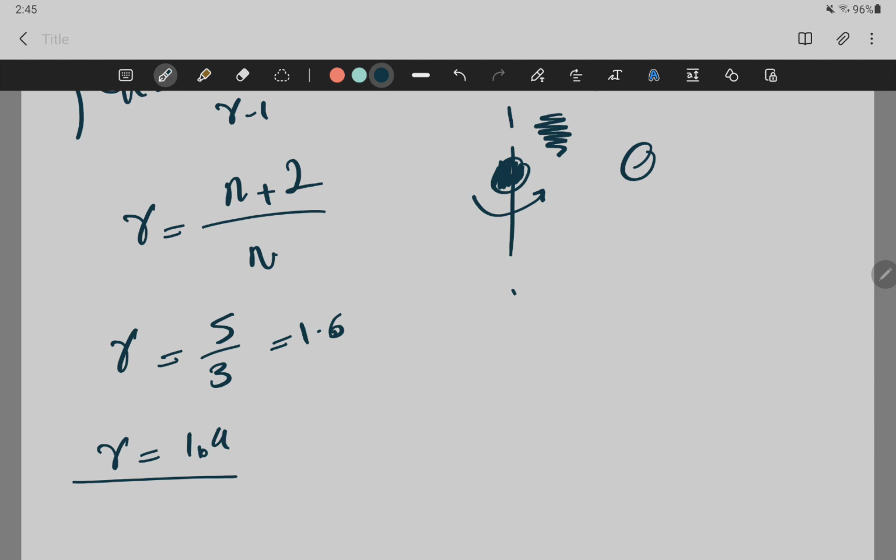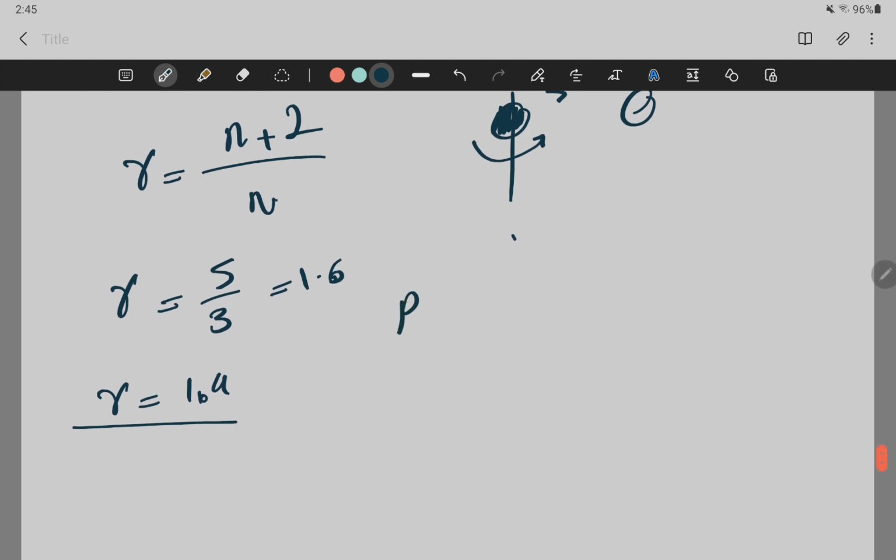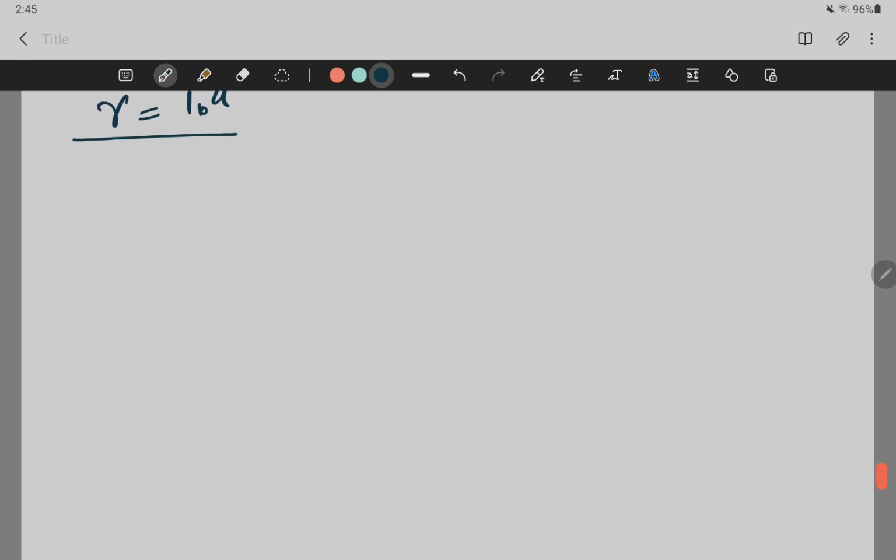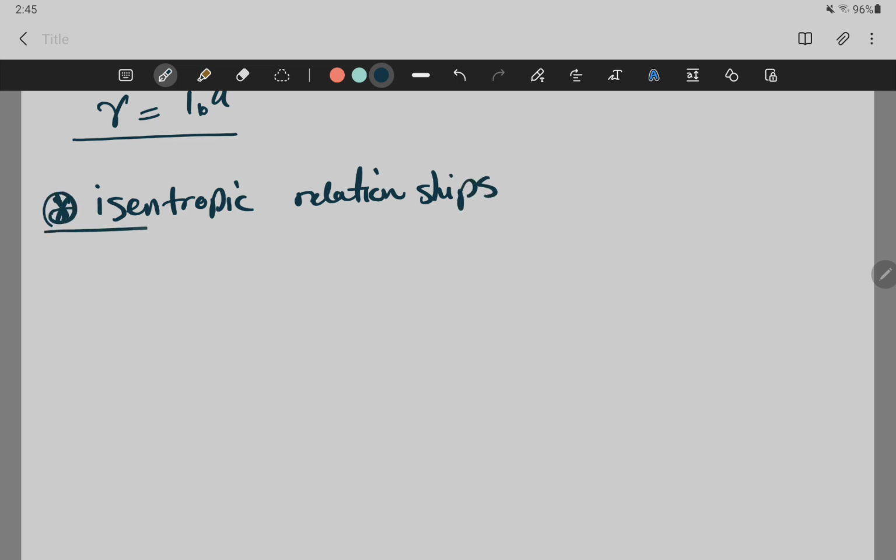Let's wrap up the review by just reminding you guys of the isentropic relationships. First question I have for you is, what is an isentropic process?